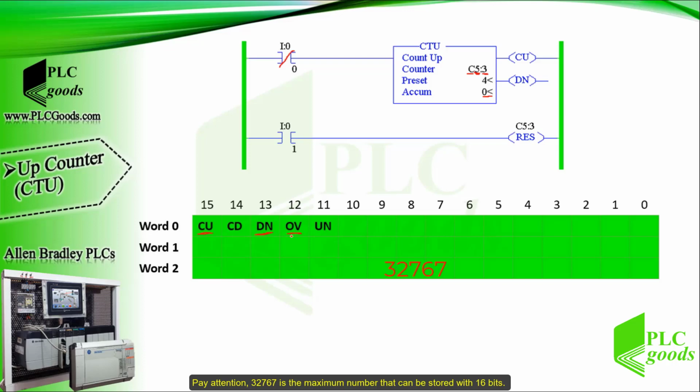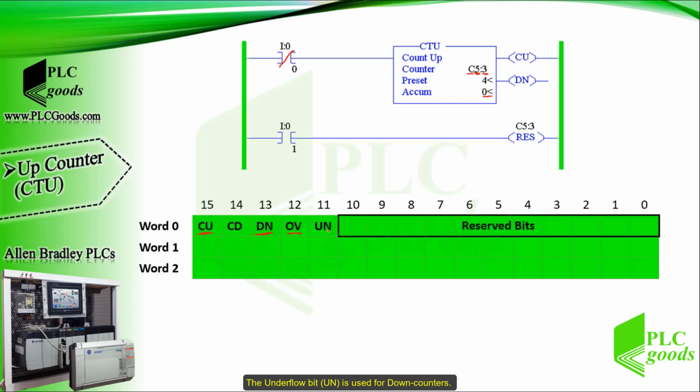32,767 is the maximum number that can be stored with 16 bits. So anytime the accumulated count exceeds the upper limit of plus 32,767, the OV bit is set to 1 or true. The underflow bit UN is used for down counters.